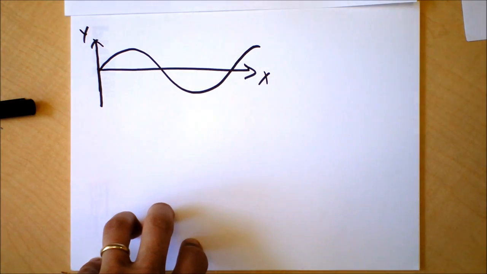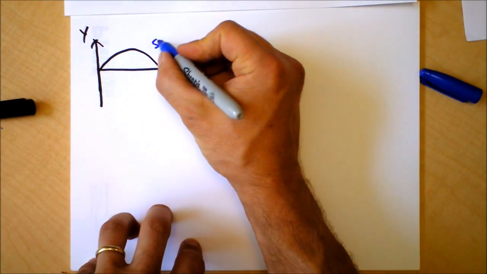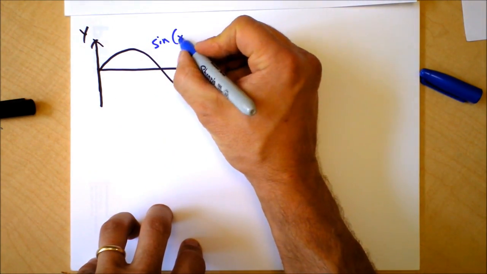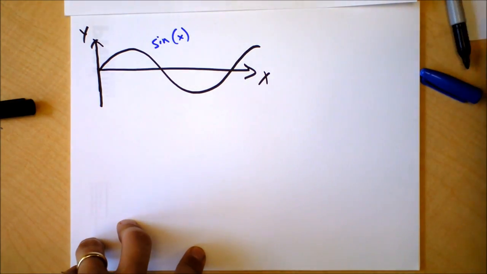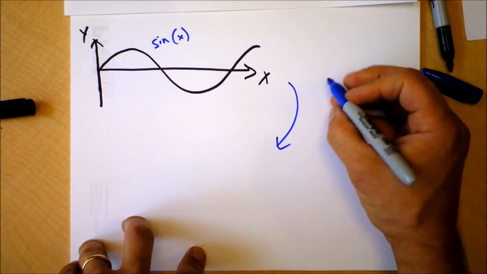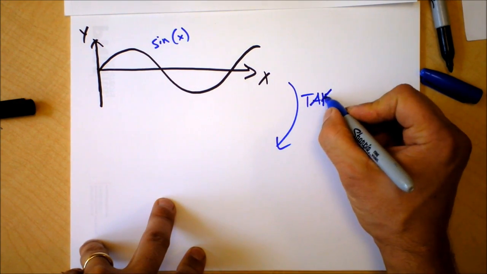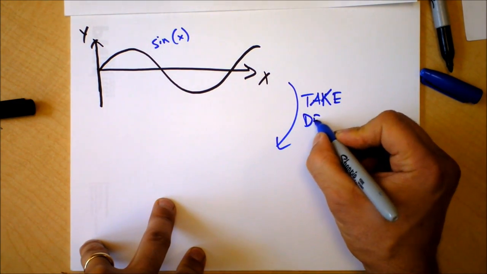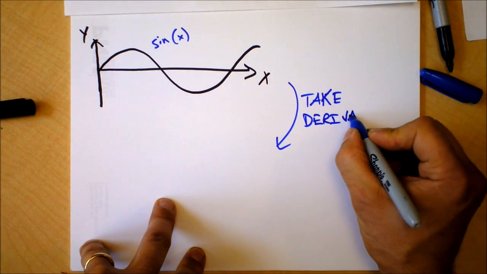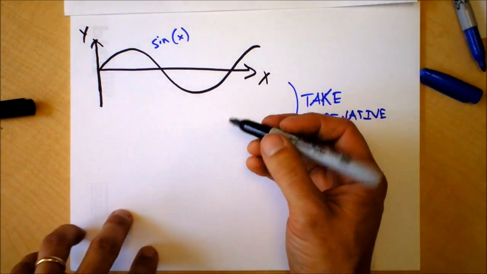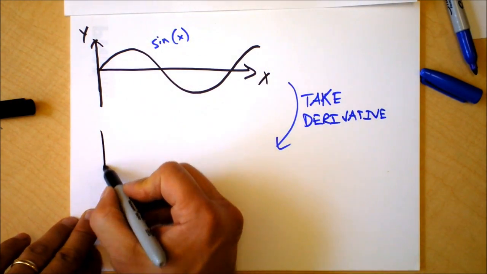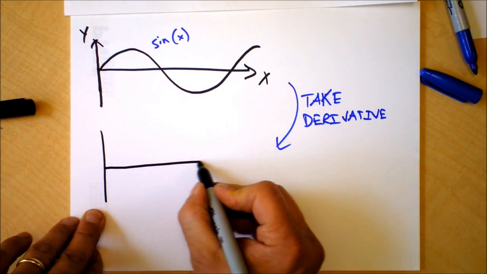This is the sine of x. So we're going to want to try to find the derivative of this function. And the idea is that at each instant we want to know what the slope is.